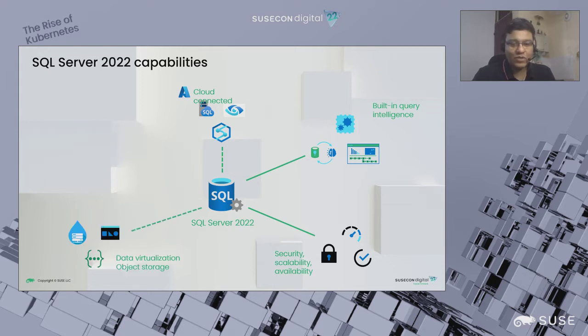Apart from that, the fourth one I want to talk about is data virtualization. And this is where you can query data from heterogeneous sources, starting from your SQL Server itself using your T-SQL. So you can create external tables which now support Parquet format of data, and support multiple data connectors.